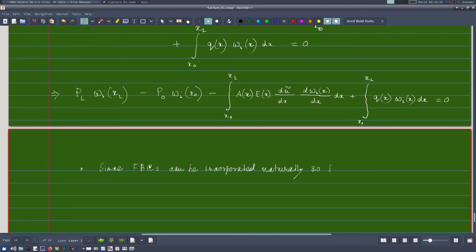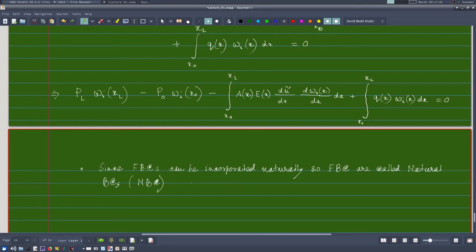So force boundary conditions are called natural boundary conditions, natural BCs. In short we call it NBC. Okay.